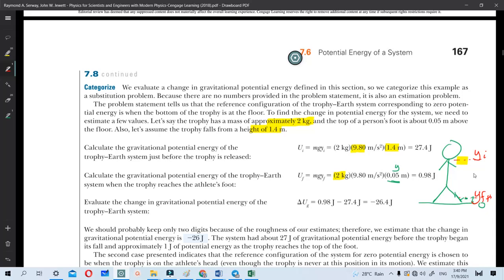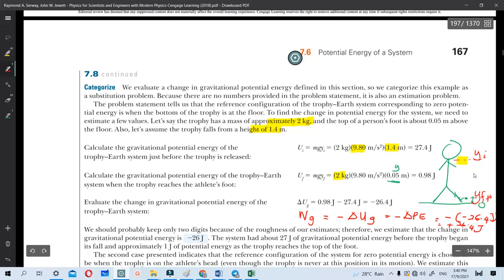However, if the question is asking what is the work done by the gravity on the trophy, then observe that the answer should be negative change of the gravitational potential energy, or in different textbooks they use different symbols, change PE. So you will find that the answer is now negative 26.4 joule, so positive 26.4 joule.